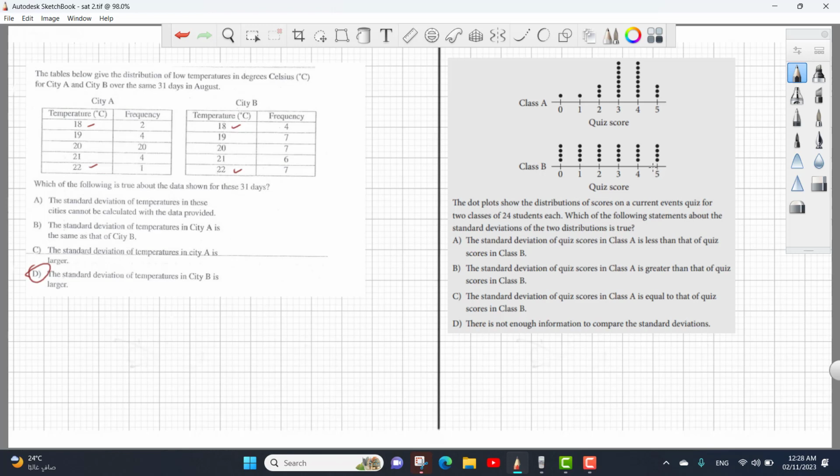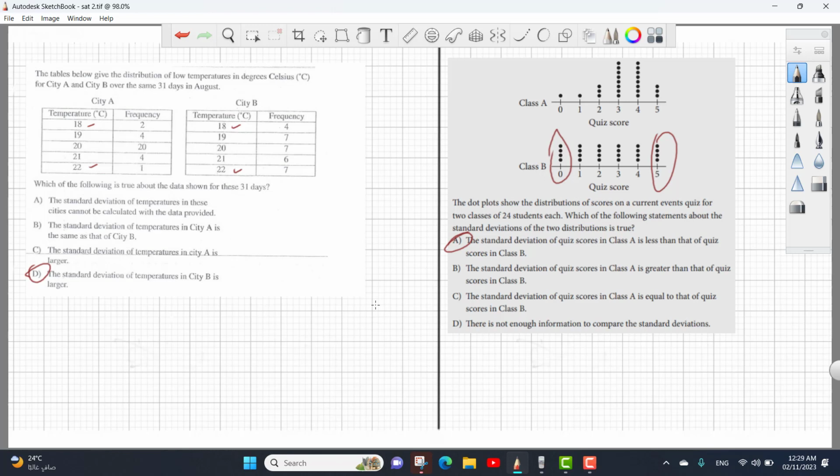But you can see in B, the values at the sides have more frequency, so the deviation will be bigger. So the standard deviation of B is greater, so the standard deviation of A is less than the standard deviation of B.